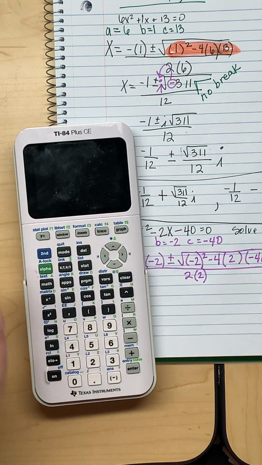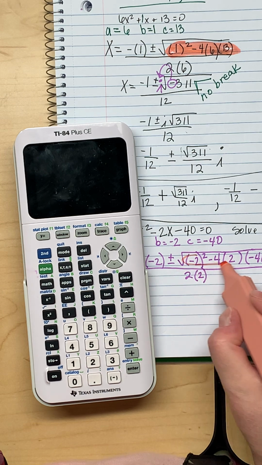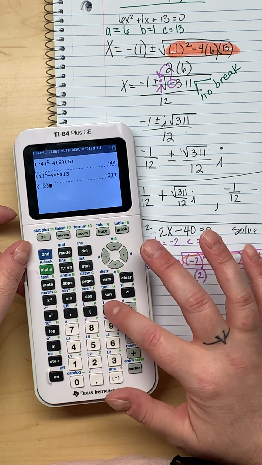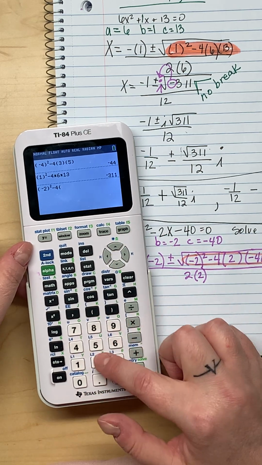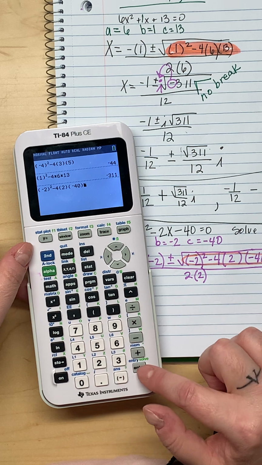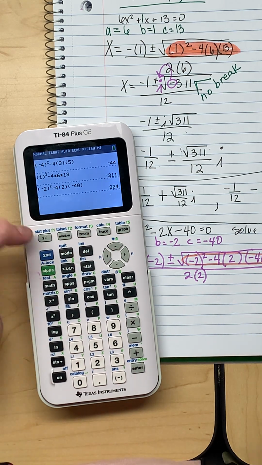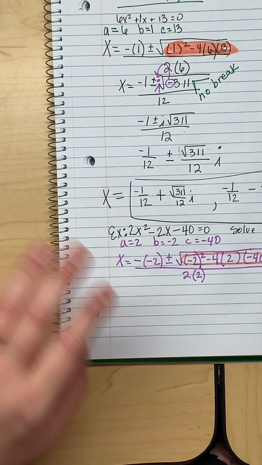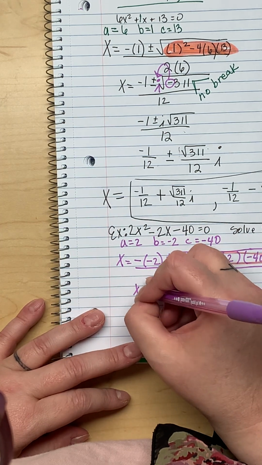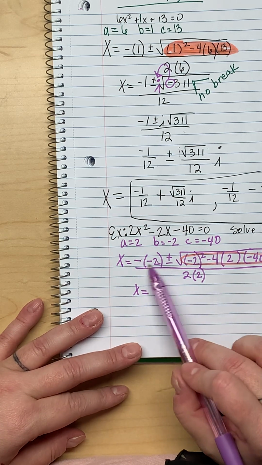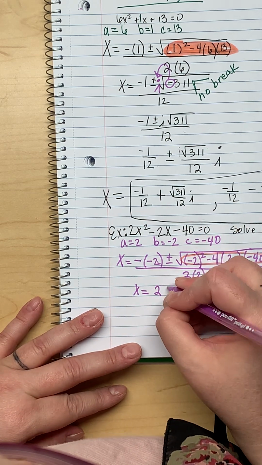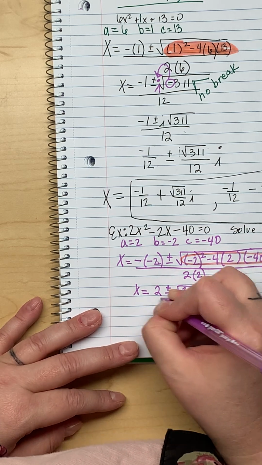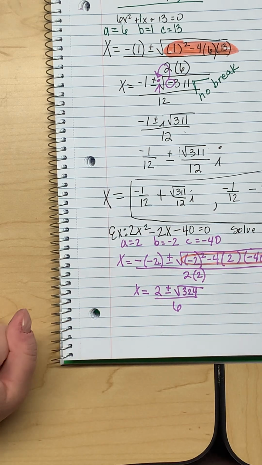Now I'm going to put the stuff in the house in my calculator. And holy poop, I got 324. Okay, so I get x equals double negative 2 makes regular 2 plus minus square root 324 all over 6.